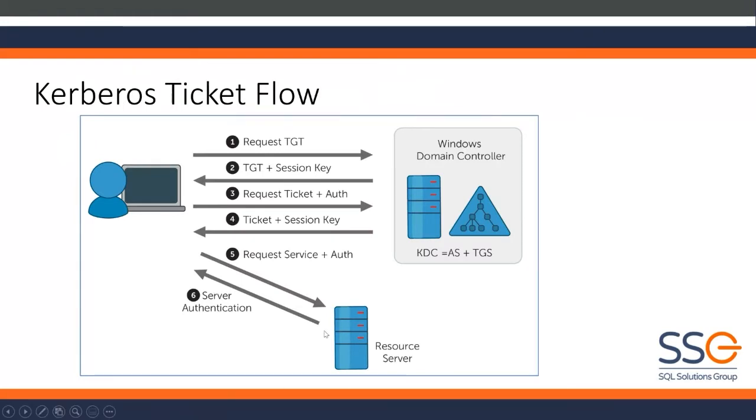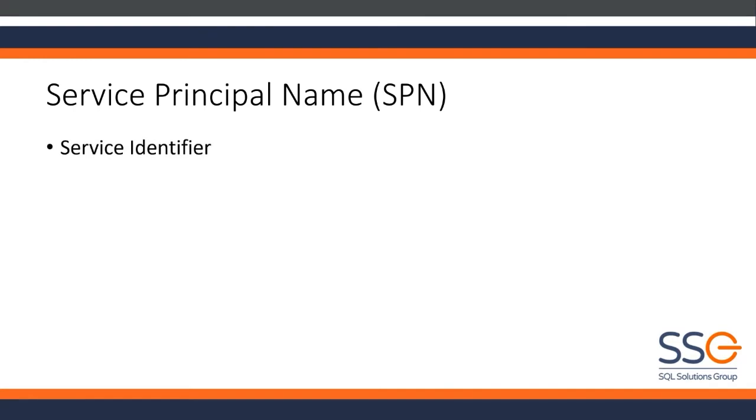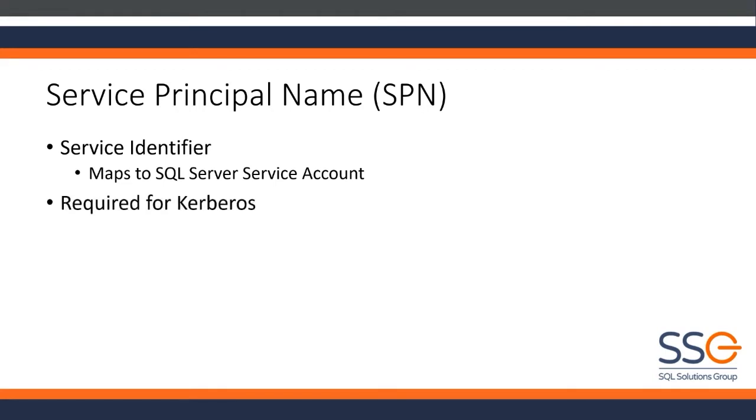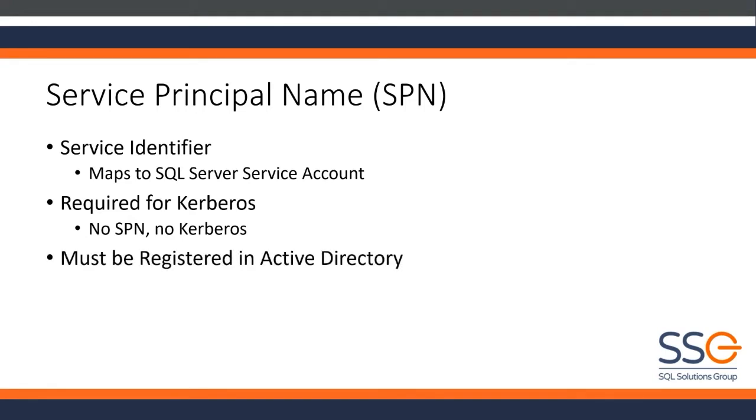Going back here, every resource that you're going to authenticate to with a ticket with Kerberos has to have a service principal name associated with it. It maps to the SQL Server service account on the SQL Server. It is required for Kerberos. If you do not have a service principal name registered, you're not using Kerberos. You'll be using NT LAN Manager. It has to be registered in Active Directory.